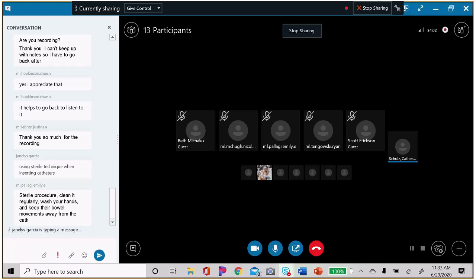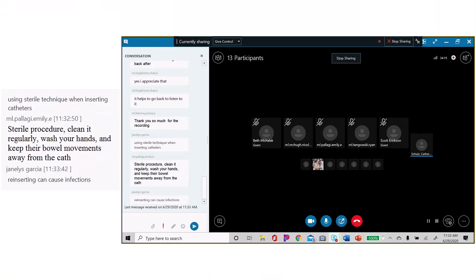One of the other big things is to be sure that the Foley only stays in as long as it's needed. Right. So we have to be careful. Every time you insert the Foley, you have increased the risk of infection.